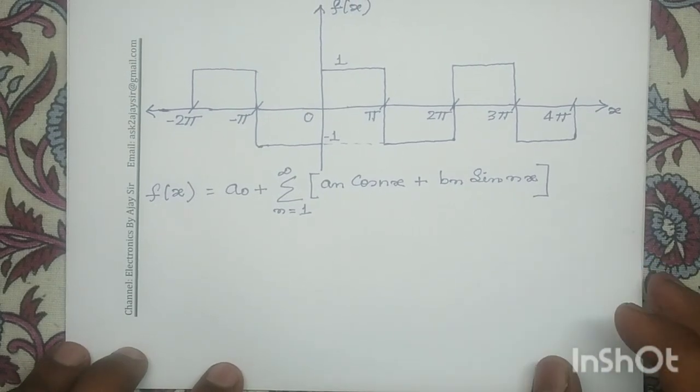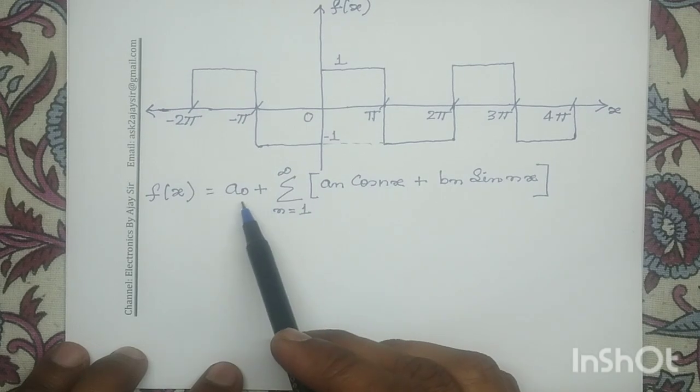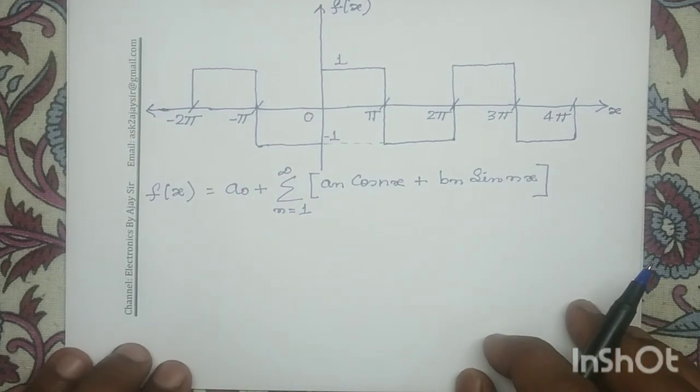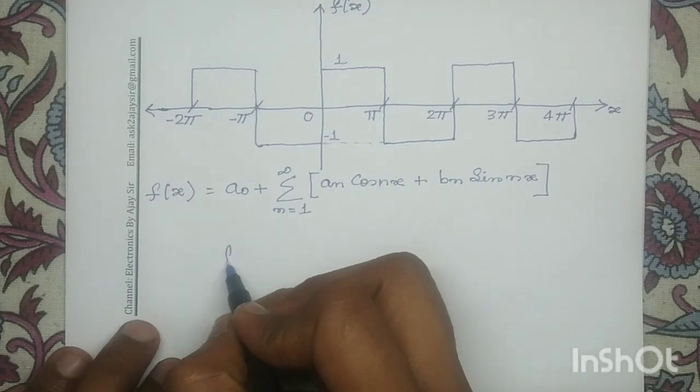Now in this expression, we have to determine the coefficients a naught, an and bn. For the same, we will define the given f of x.